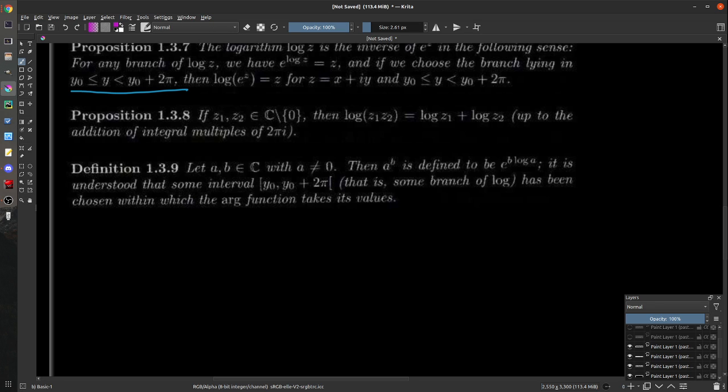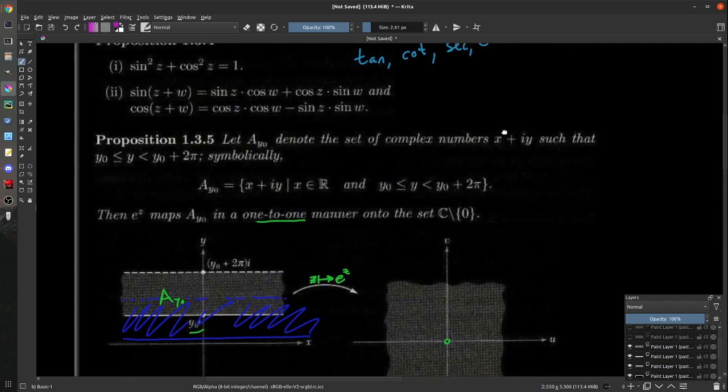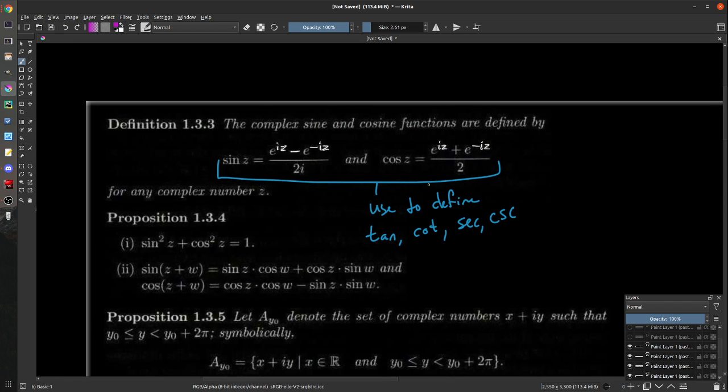So we've talked about the logarithm now, and this is where we're going to do essentially the same trick we did up here with sines and cosines.